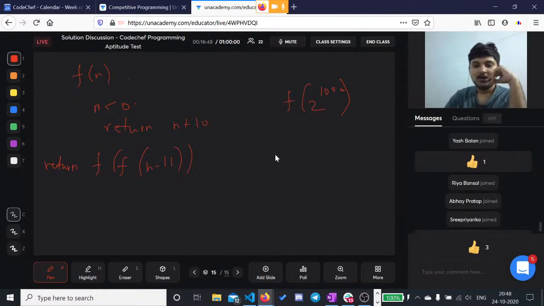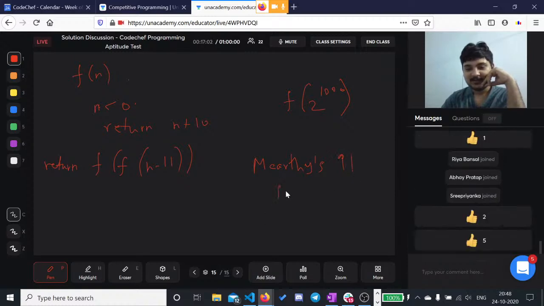Cool. So this is actually based on McCarthy's 91 function. If you haven't heard of it, please Google it. It's the same definition, but the constants are a bit different.